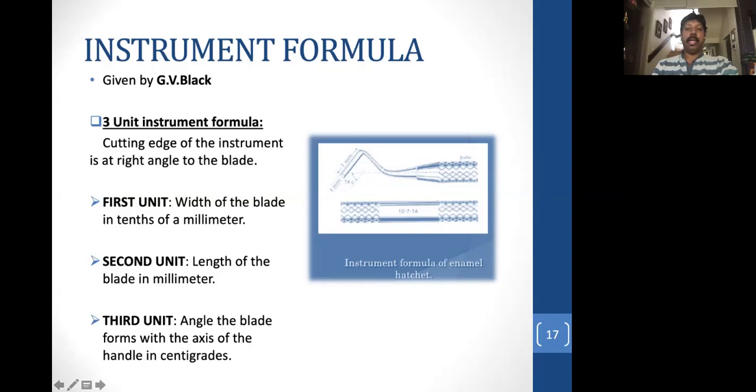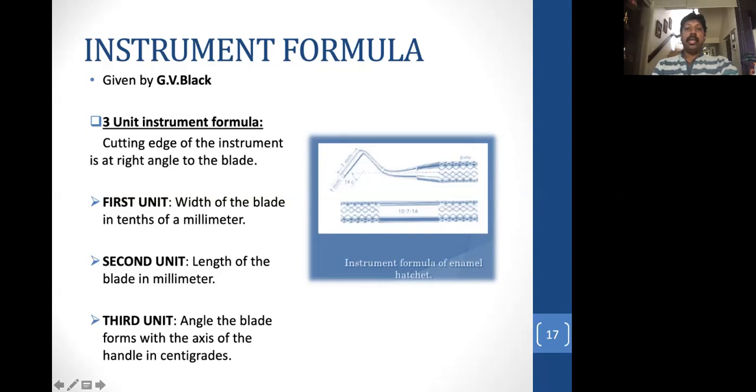Means what? The blade is here. The width of the blade in tenths of a millimeter. Like what? I'll explain it. See, this is here. What is the width here? It is 1 millimeter, isn't it? 1 millimeter is the width.